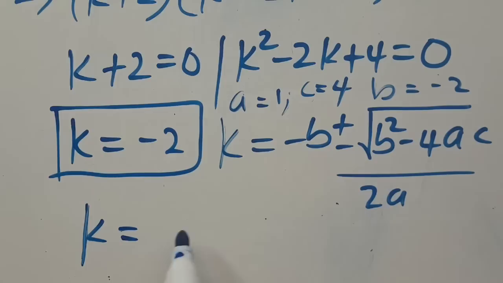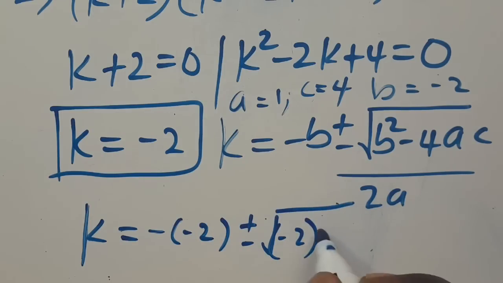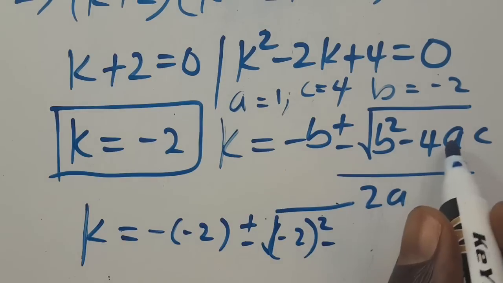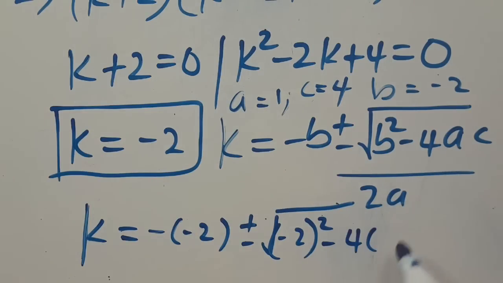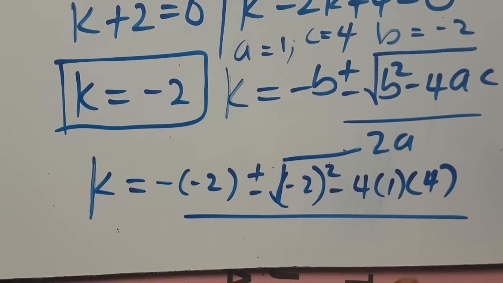So therefore, from here, we are going to have k equals minus b, which here will be minus into minus 2, positive or negative, root of minus 2, all in bracket, to the power of 2, then minus 4 multiplied by a, which is 1, multiplied by c, which is 4, then all divided by 2 multiplied by 1.